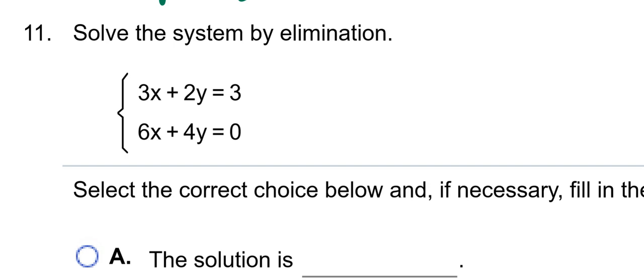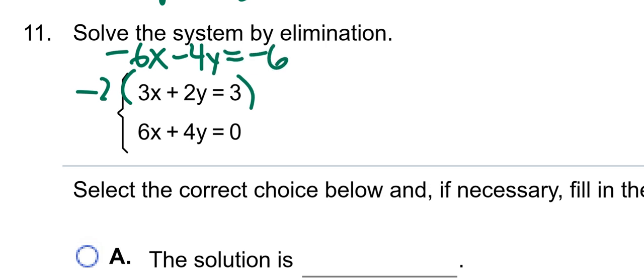Which variable do you want? You want to get rid of x? So what did you multiply the top equation by? I would go with -2. So I would get -6x minus 4y equals -6.